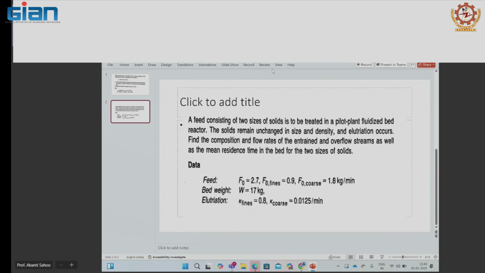A feed consisting of two sizes. The size distribution, I mentioned a little bit in the morning hour, during the fluidization how size distribution changes because of the fluidization, particles move up and down, attrition occurs because of the rubbing of the particles, particle size reduces, and thus when more fine particles are created, then the size distribution changes.